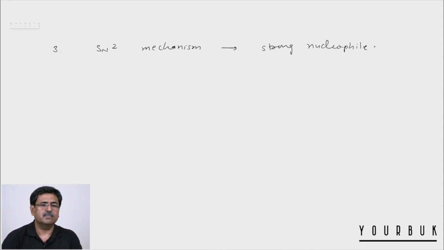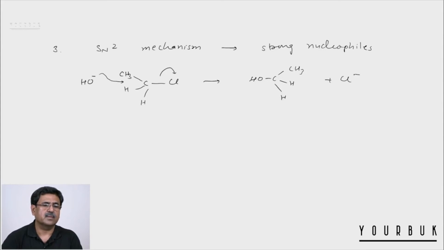For example, suppose we take this primary alkyl halide, CH3 and this is CH2 and the Cl. Now, if we want to displace this chlorine via SN2 mechanism, we take the help of OH negative. So it gives you this alcohol. Ethyl alcohol is the product formed, plus Cl negative.